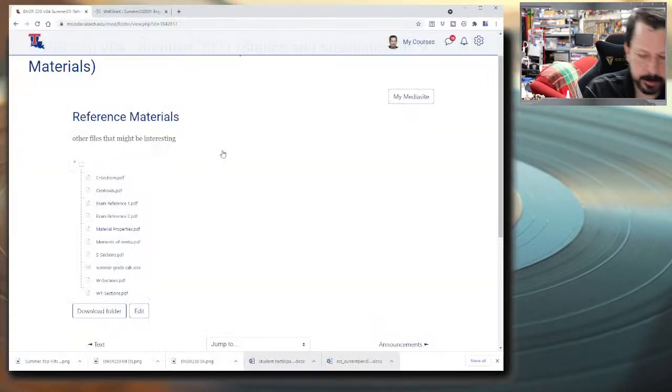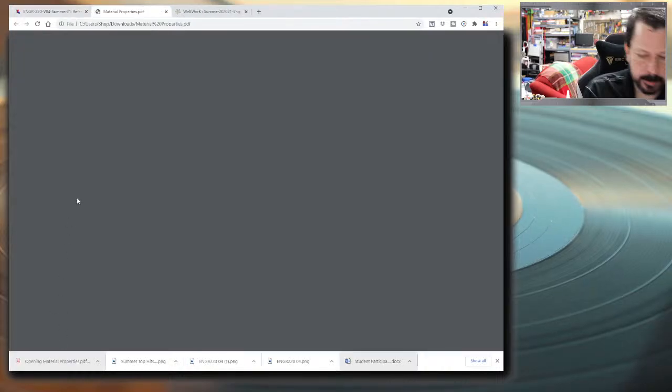I guess I should show you what I'm looking at. If you have Moodle, then there is a reference materials folder. I think it's on the one called Introduction at the very top, and there is material properties.pdf. This is basically the material property charts from the textbook. Also, you can just search for material properties on many different websites and you will find them.